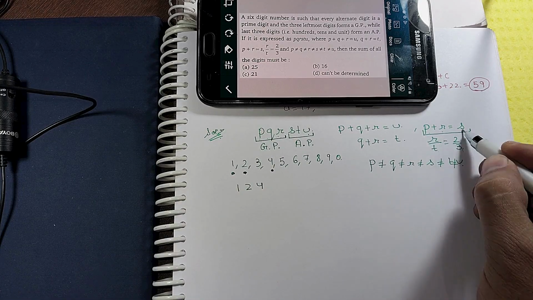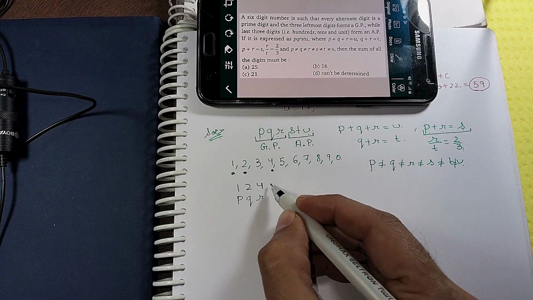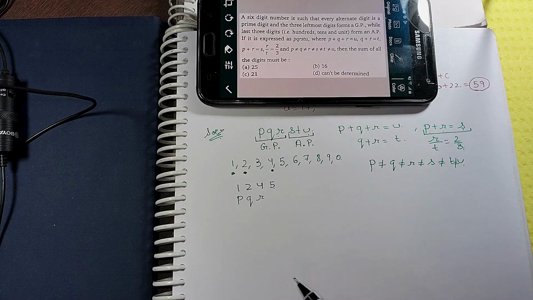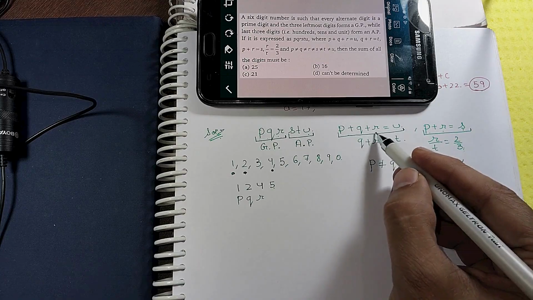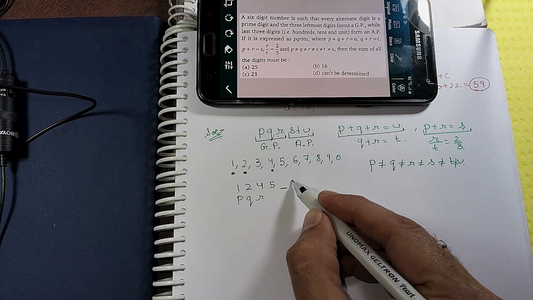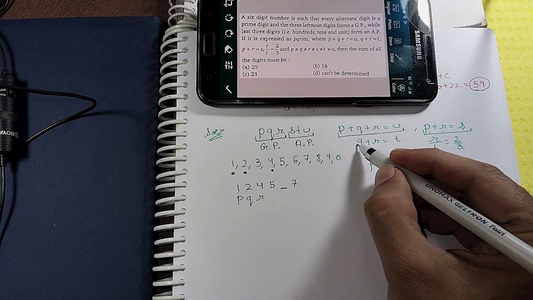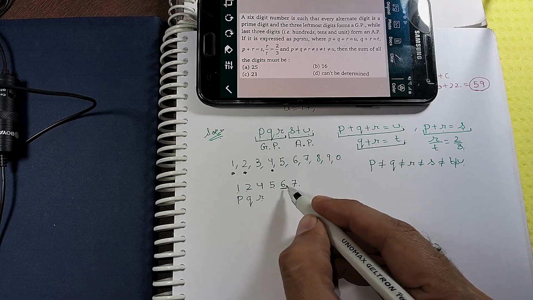So S should be equal to 5, right? Now P plus Q plus R is equal to U, so this is 7, leaving one space, so here I can write 7. And Q plus R is equal to T, so this is 6.